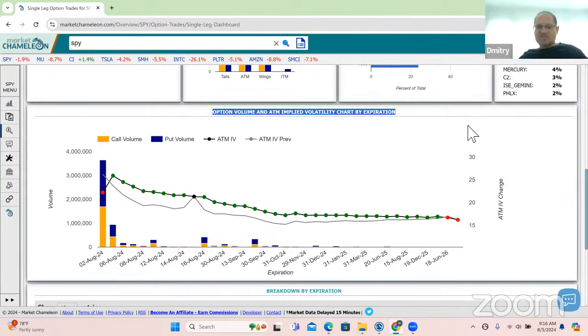So we need to see it in front of us. We need that picture, right? And that's why we get this gray solid line to show us what the implied volatility looks like for each of these different expirations.